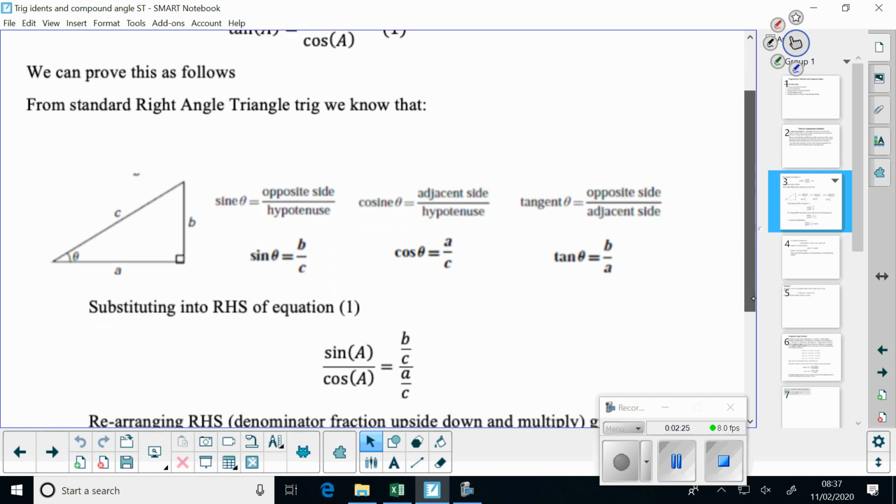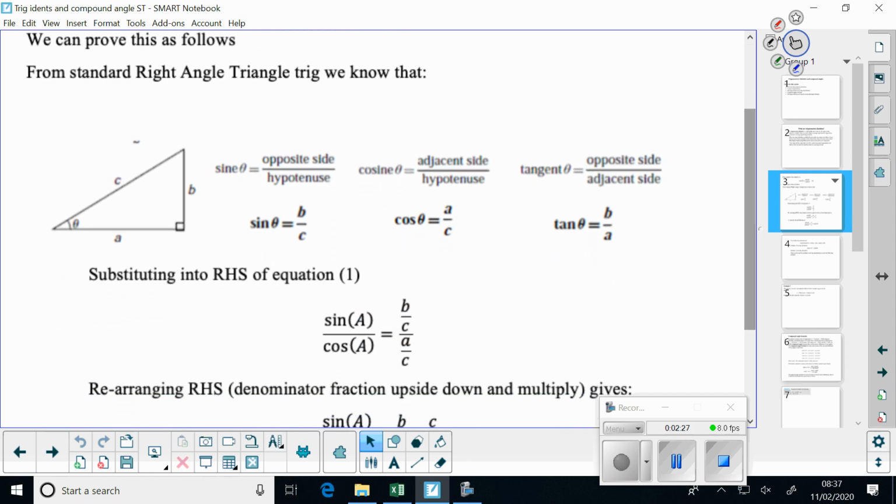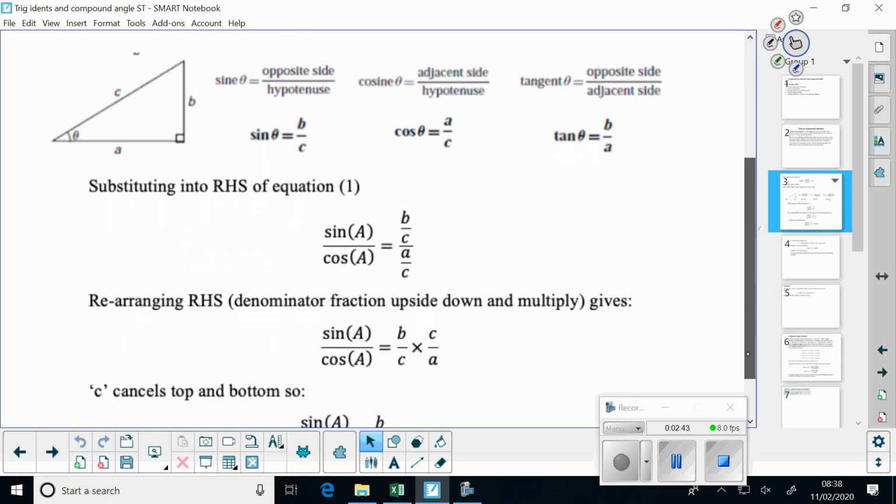So if we take equation 1 and we substitute for sine A, B over C, and we substitute for cos A, A over C, we've got this fraction divided by a fraction. Do that simplification, dividing a fraction by another fraction, we turn the denominator fraction up the other way. We'll know that.